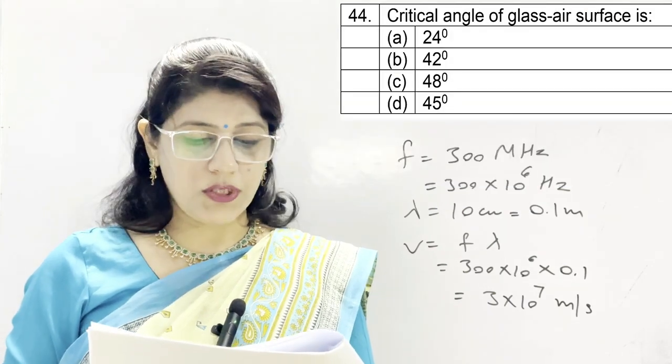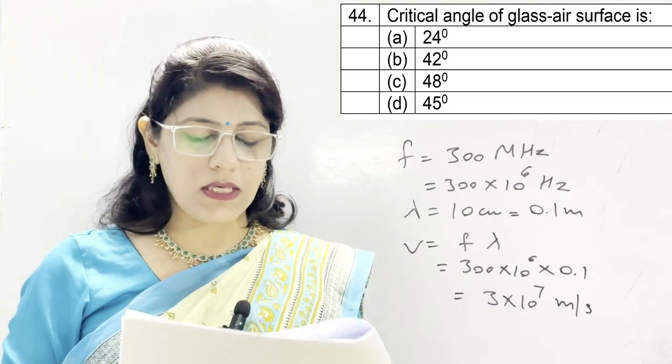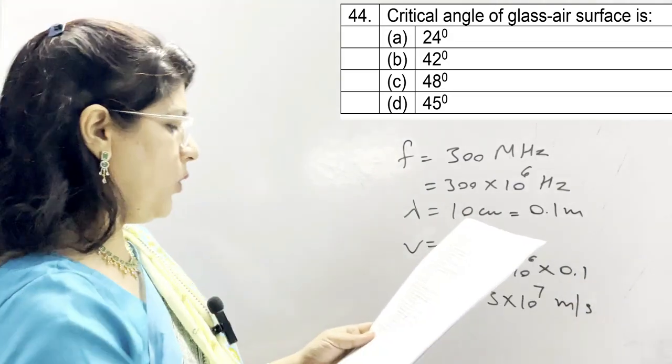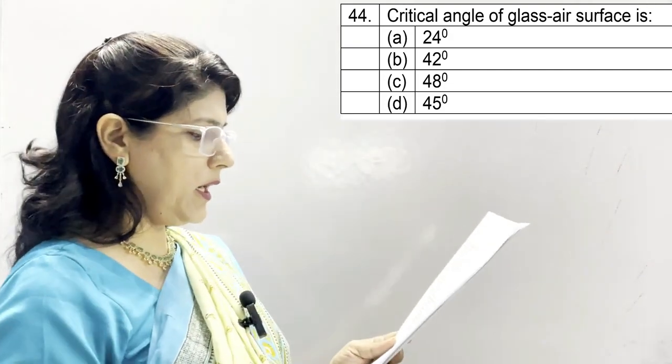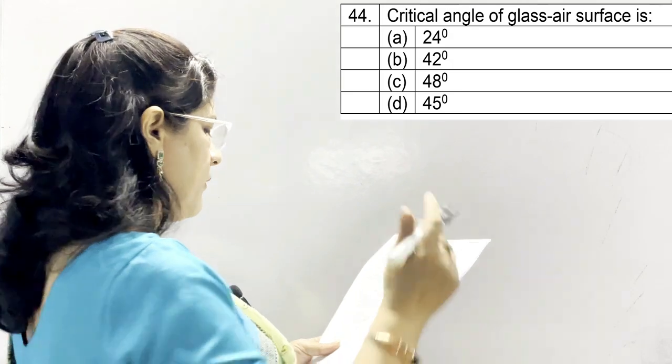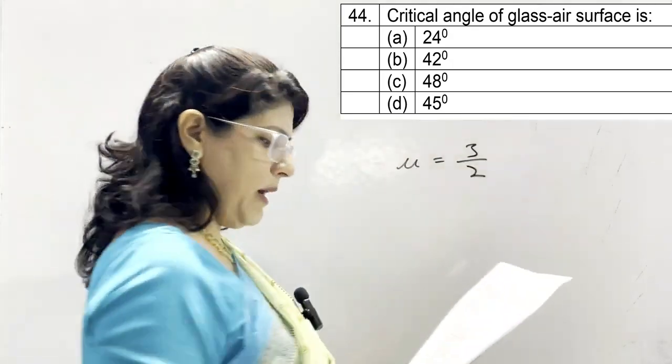In question number 44, critical angle of glass air surface is: option A 24, B 42 degree, C 48 degree, and D 45 degree. We know for glass air interface mu is equal to 3/2.